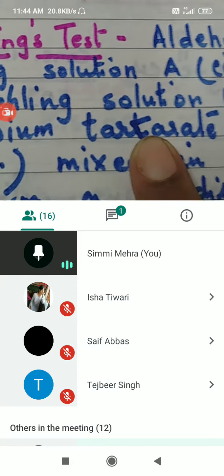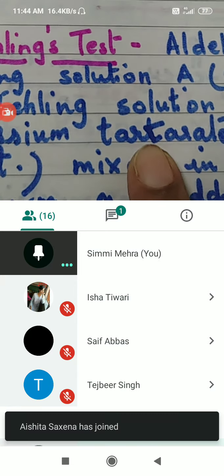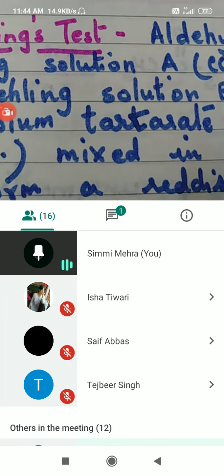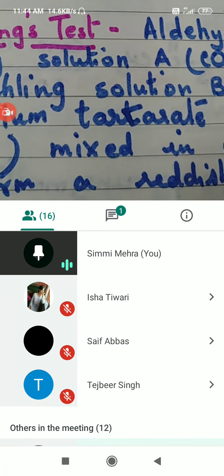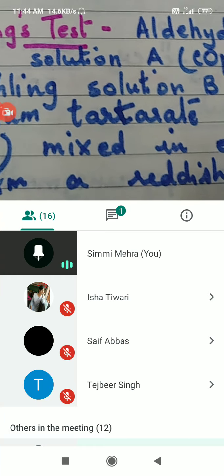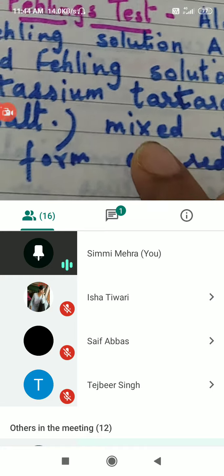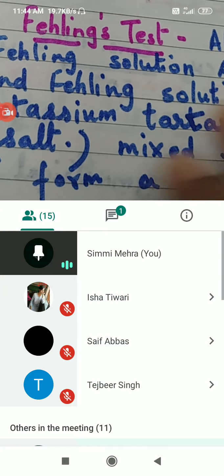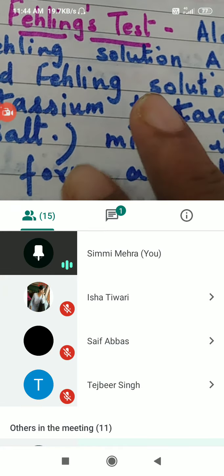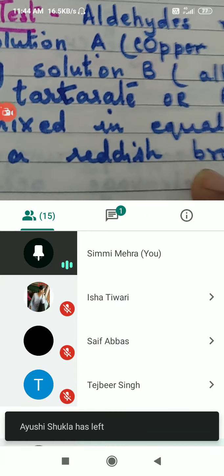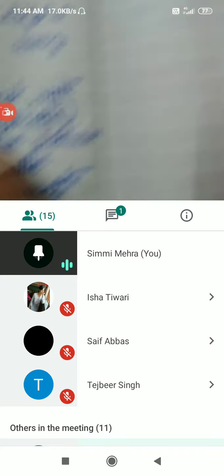What is brick red color? You have seen brick. If you powder brick, you will get a dark brownish orange colored compound. That is the color of the precipitate you will get at the bottom of the test tube. So Fehling's solution A plus Fehling's solution B plus aldehyde will give you a brick red colored precipitate, which we do not get with ketones.